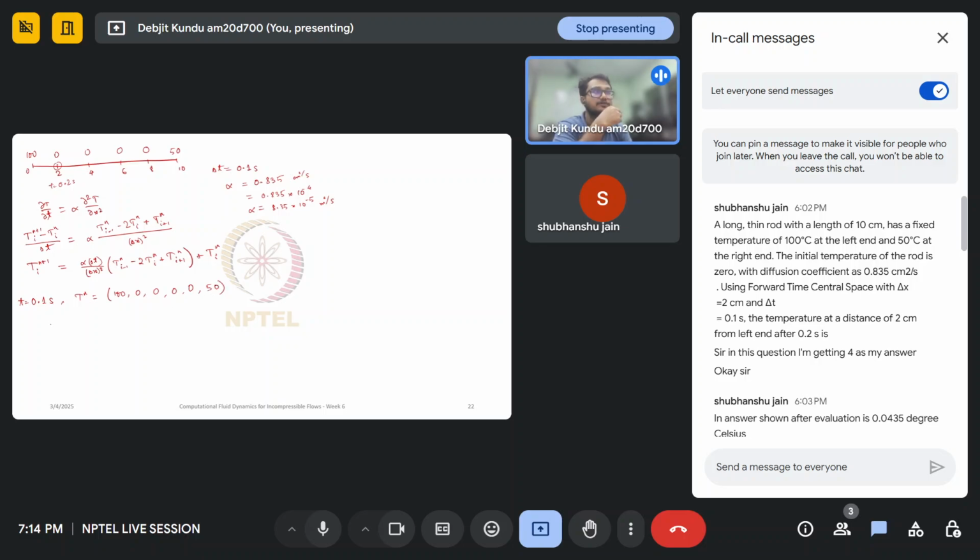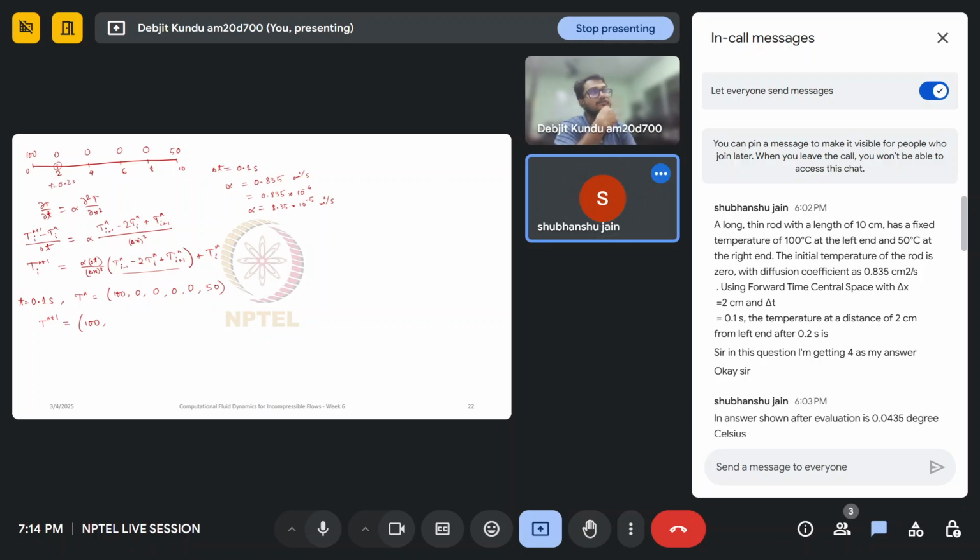And I'm trying to solve for Tn plus 1. The first one will be 100 anyway. For the second one, the thing over here is basically 100 only, because this is 0, this is 0.